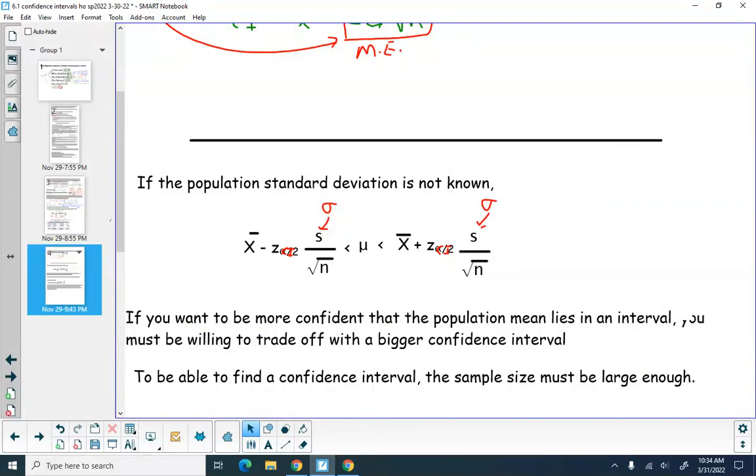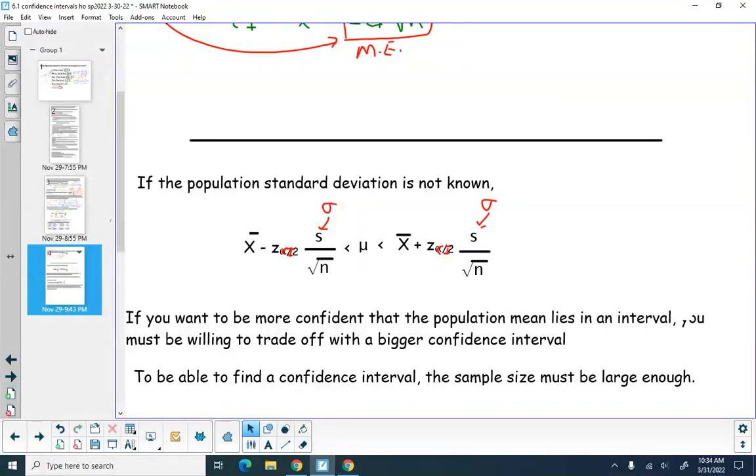If you want to be more confident the population mean lies in an interval, you're willing to trade off a bigger confidence interval. The bigger the confidence interval, the bigger the range of values. If I'm only 90% confident, I shrink my interval down. If I'm 99% confident, I'm going to widen that out a little bit, because I want to make sure I'm going to get my value in there.